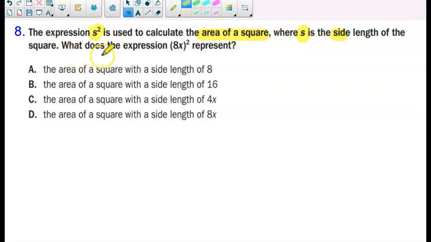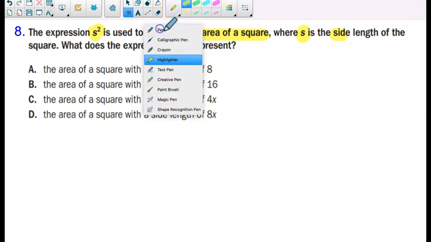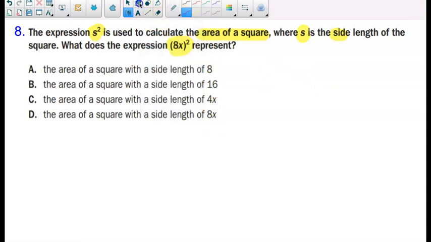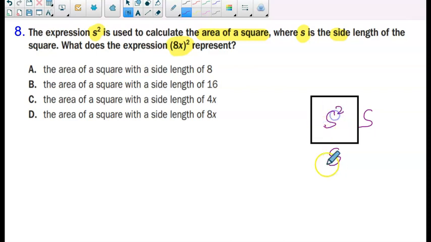Now, what does the expression 8x square represent? So, we have a square. Let me draw a square. This is a square having a side S. The side S, and its area is S square. S square is the area of the square.